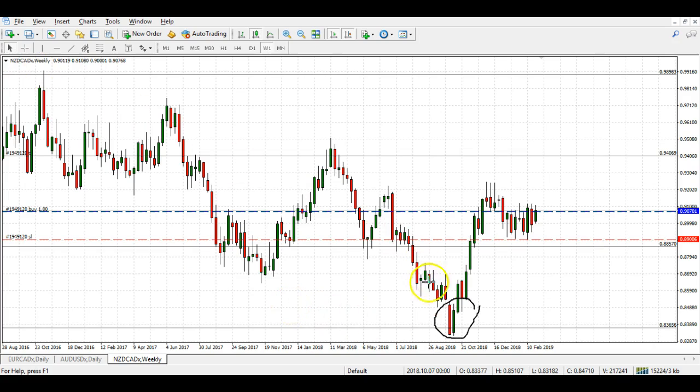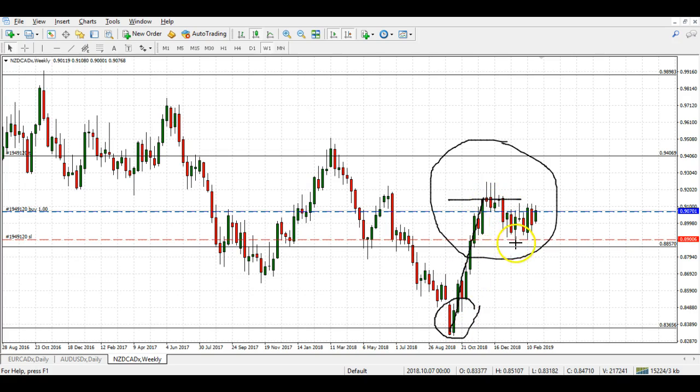Price came from above, and at that point I believe it shifted from a downside trend into an upside trend, and the first part of it was very smooth and strong, right? Straight to the middle of the middle section.